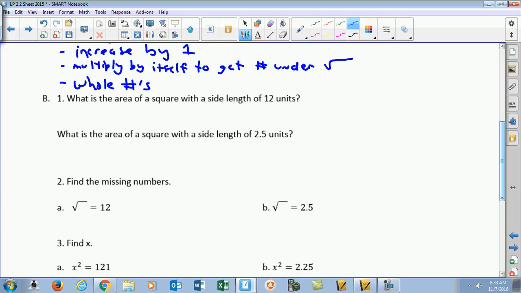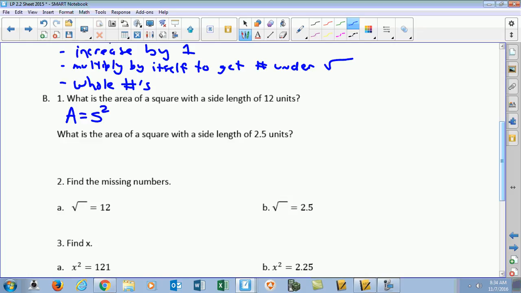So, what is the area of a square with a side length of 12 units? Remember, they gave us that formula earlier: area equals side squared. So if a side length is 12 units, what are we going to do to that 12? Jamie? Not by 2. Side squared.